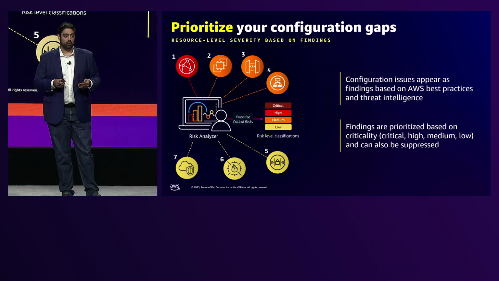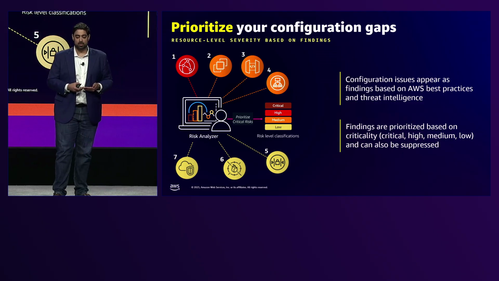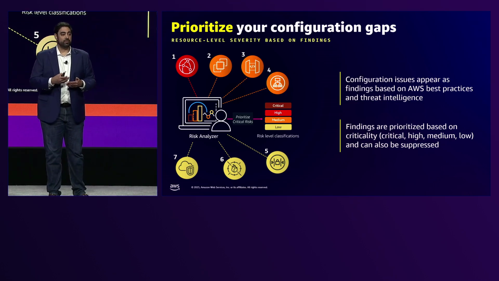And so in doing so, we look at those factors. We also look at AWS best practices in terms of the configuration recommendations we have codified in documentation, white papers, things of that nature. We also surface threat intelligence to help inform when you should apply certain types of rules to your resources for the services in question that we support. For example, we're surfacing activity relative to DDoS on your resources.